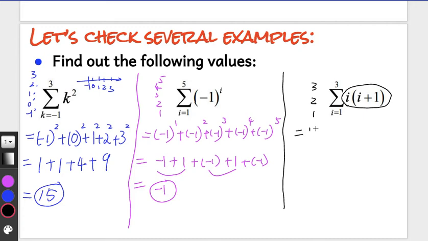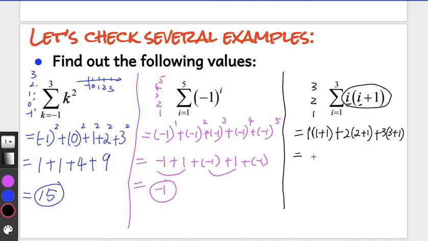So it's going to be 1 times 1 plus 1. That's when i equals 1, right? And then when i equals 2, it's going to be 2 times 2 plus 1. When i equals 3, it's going to be 3 times 3 plus 1. Remember, i is changing here as it goes up.